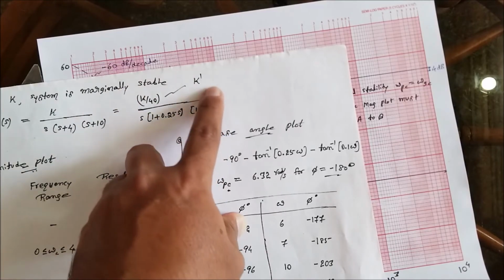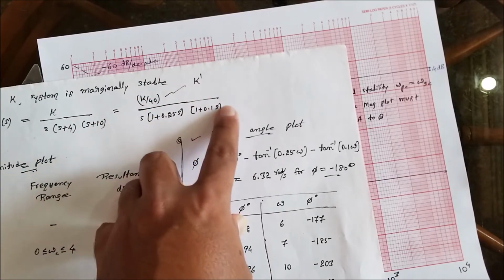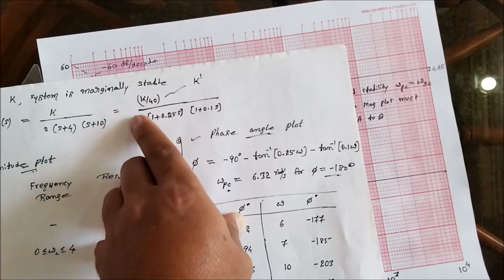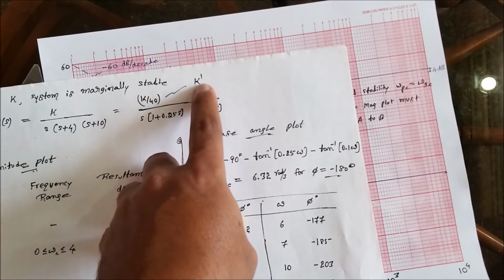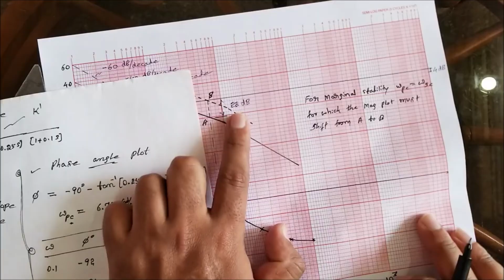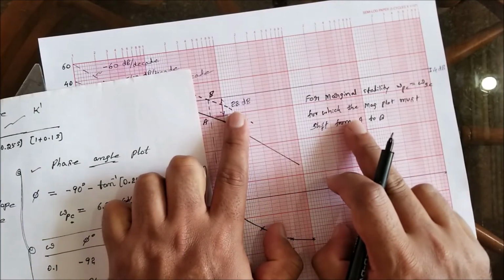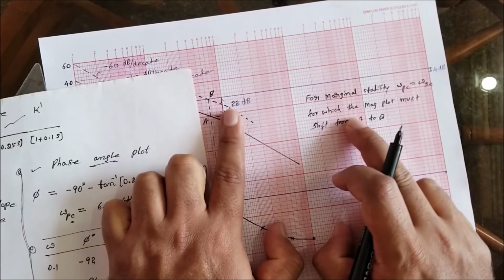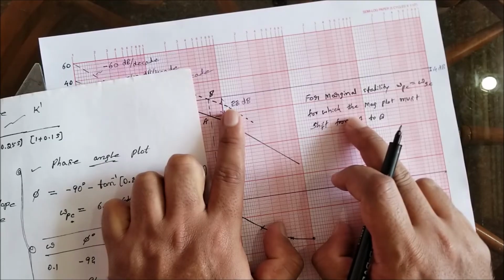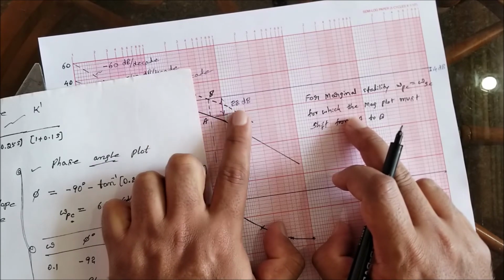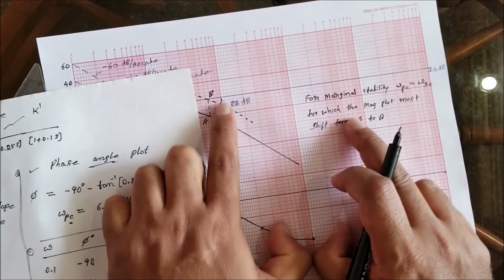This is the standard time constant form. Hence 20 log 10 K dash must be equal to 22 decibels. Then only I will get this shift.